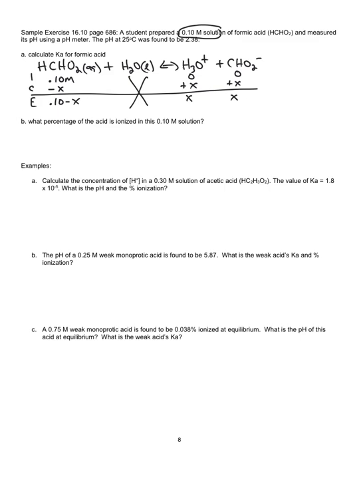Now, what's the last piece of information given? They tell me that the pH is 2.38. Well, if I know the pH is 2.38, what can I use that information for? What will that allow me to figure out from the previous lecture? Hopefully, you're saying that if I know the pH, I can figure out the amount of H3O plus that's in the solution.